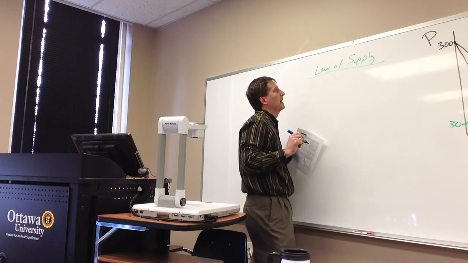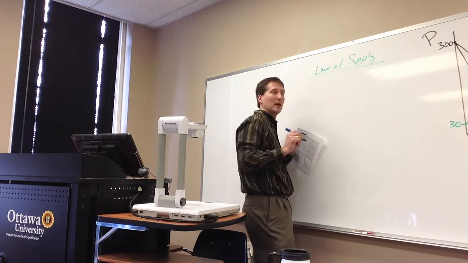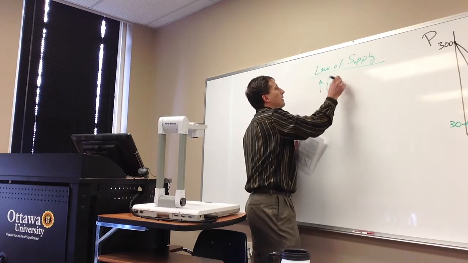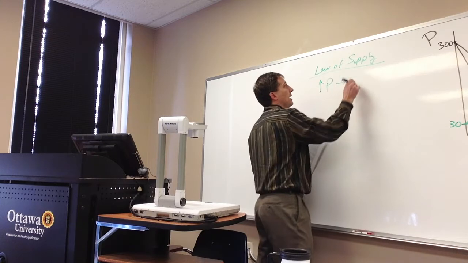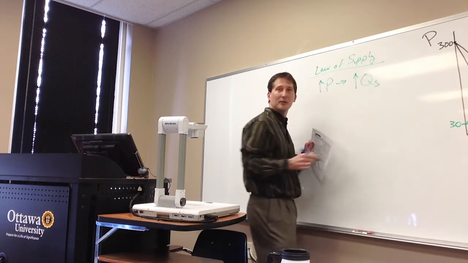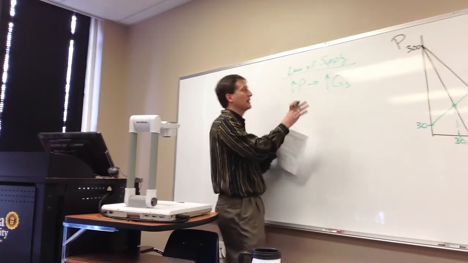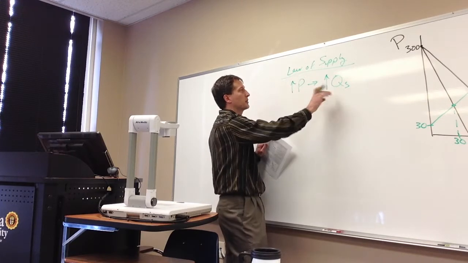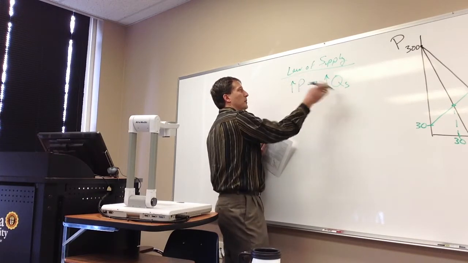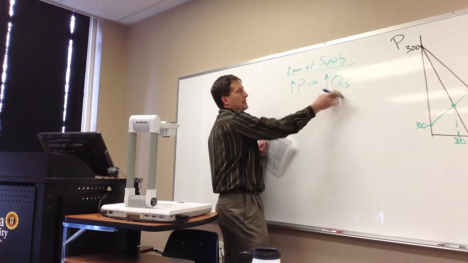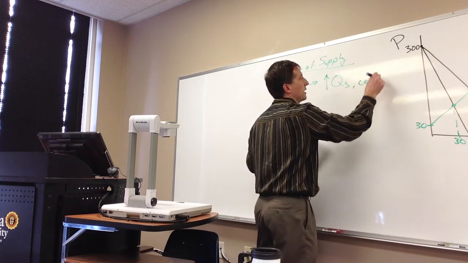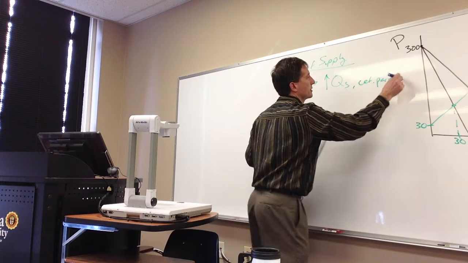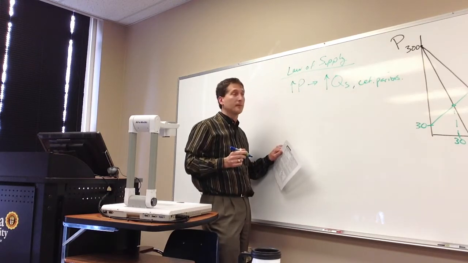Price goes up, quantity supplied goes up. We want to be a little bit careful with quantity supplied instead of saying the supply curve, kind of old school principles class. So a positive relationship between those two variables, holding all other things constant, ceteris paribus. So there's our law of supply.